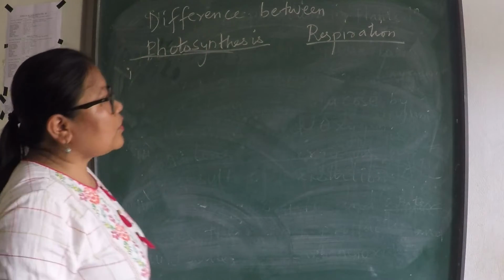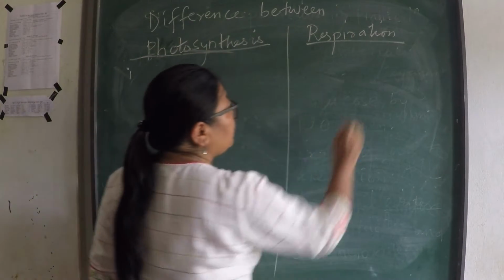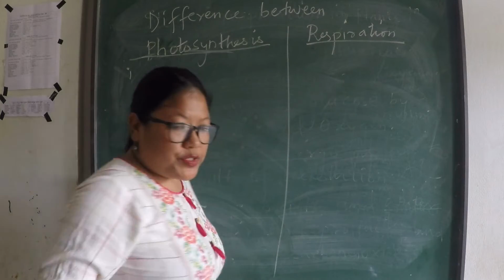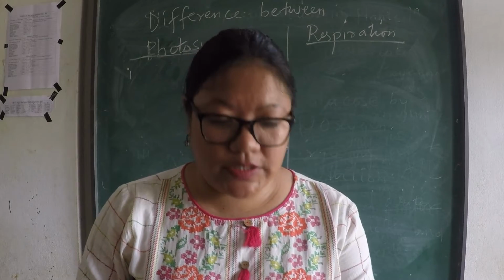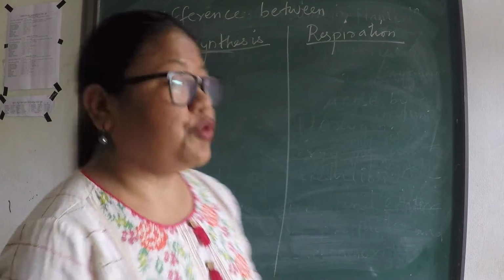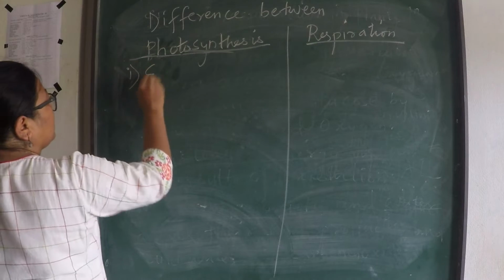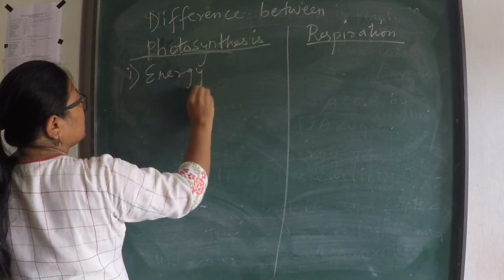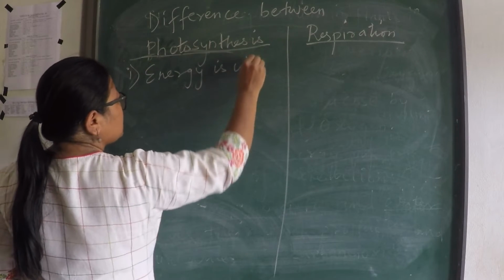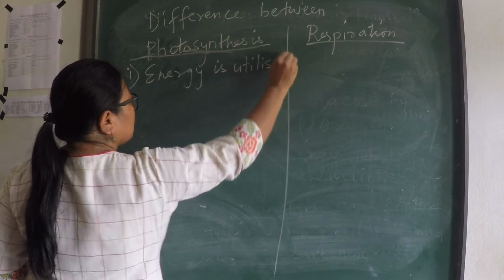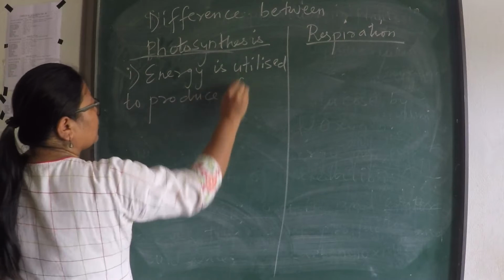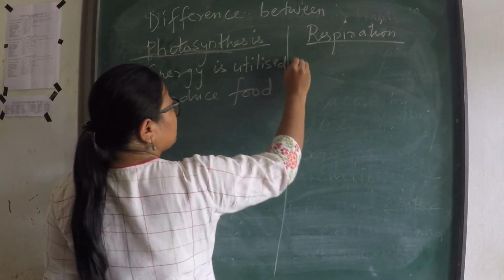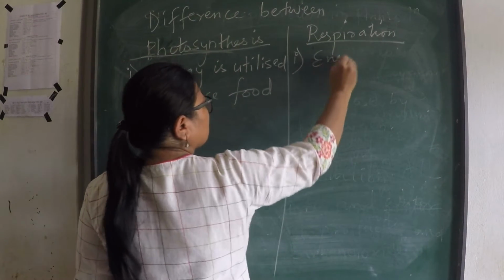Okay, so what is the first difference between respiration and photosynthesis? What happens in photosynthesis? Energy is utilized to produce food. And what happens in respiration?